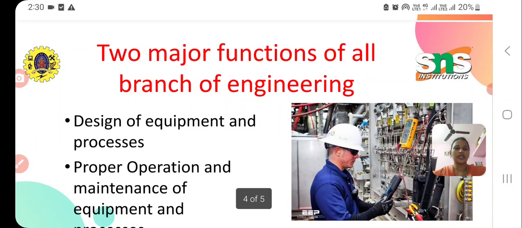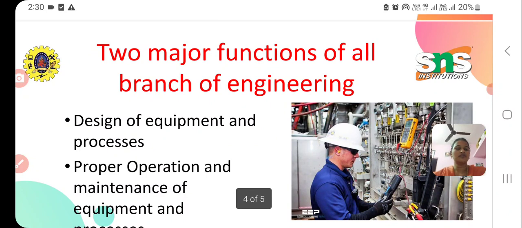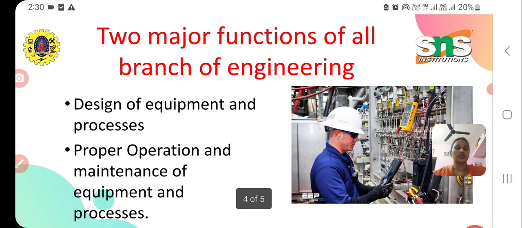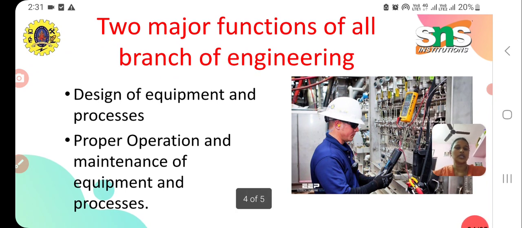Now let's see the two major functions of all branches of engineering. Whatever engineering branch you take, the first and foremost function is to design an equipment or a process. The main basis of engineering is innovation, bringing innovation or designing an equipment.